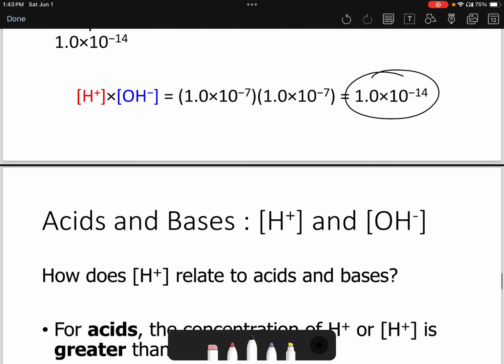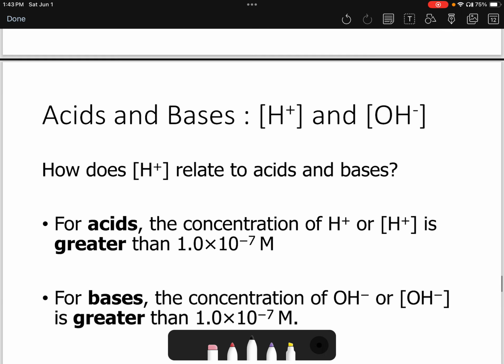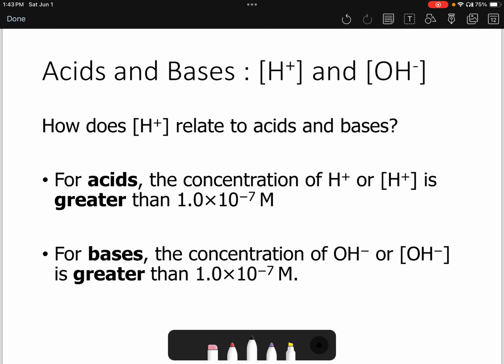So the reason we care is we can figure out whether something is acidic or basic by looking at the concentrations of hydrogen ions or hydroxide ions. So for acids, the concentration of hydrogen ions is going to be greater than 1 times 10 to the negative 7th.